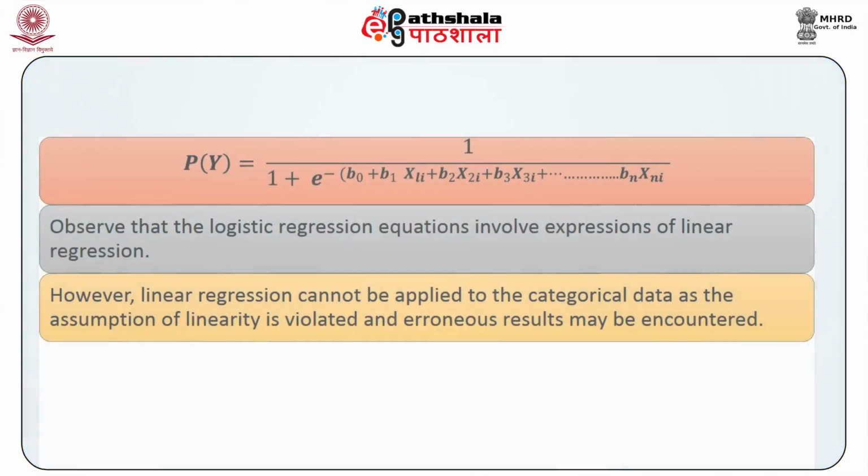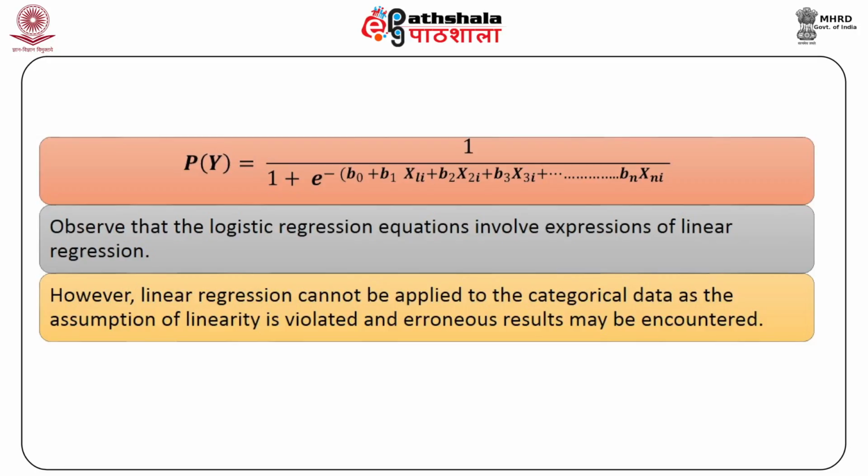The resulting equation would be P(Y) = 1 / (1 + e^-(b0 + b1x1i + b2x2i + b3x3i + ... till the nth term)). Observe that the logistic regression equation involves expressions of linear regression.